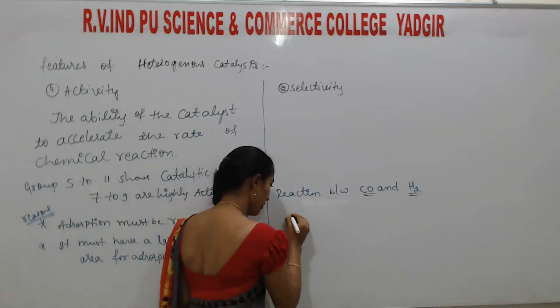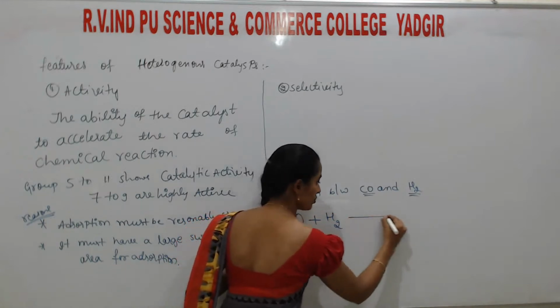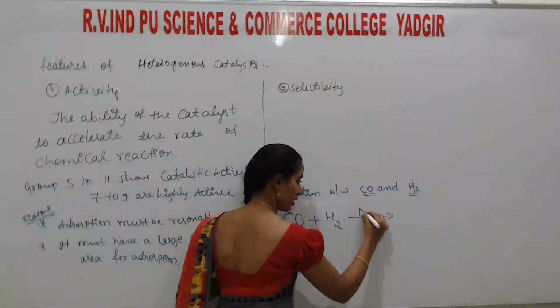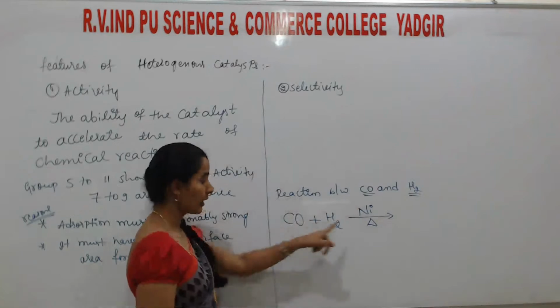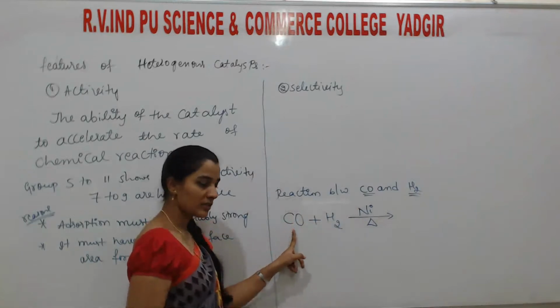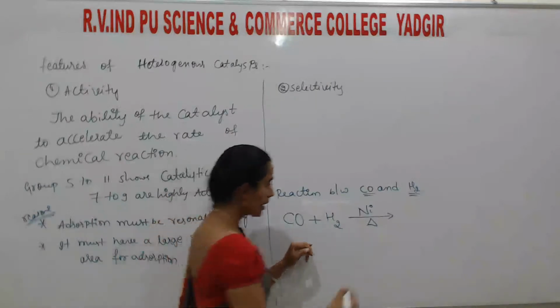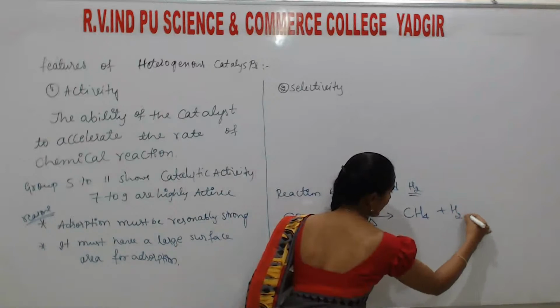So listen, if carbon monoxide combines with hydrogen in the presence of nickel as a catalyst, then they form CH4 plus H2O.